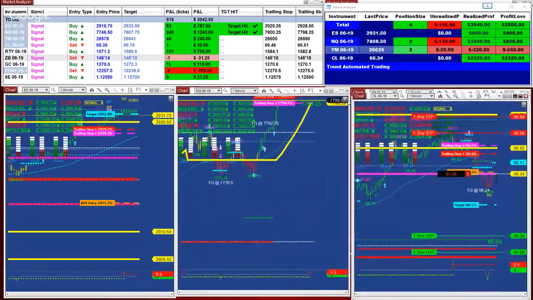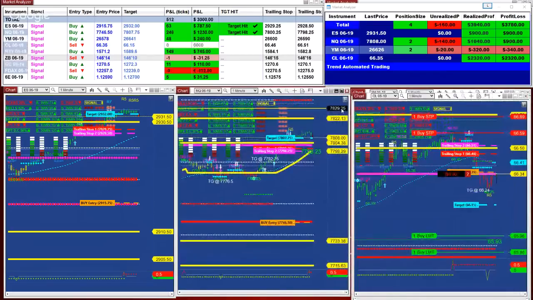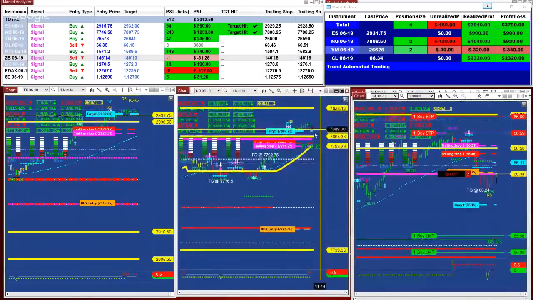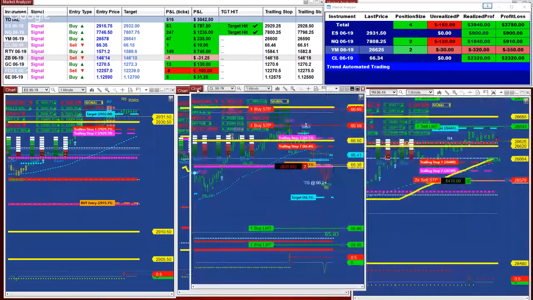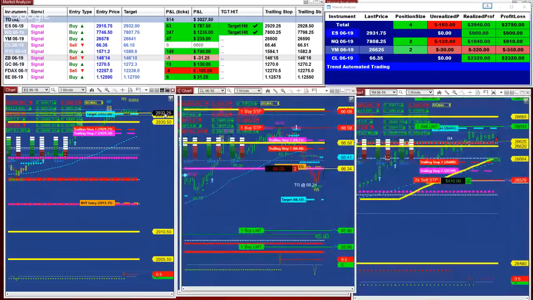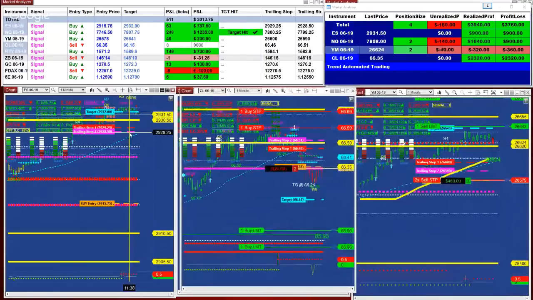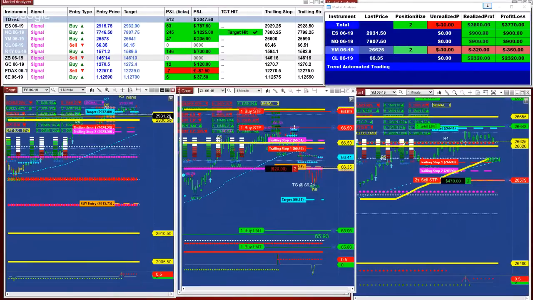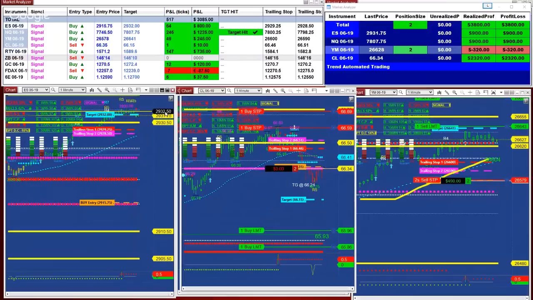The NASDAQ, where we are in the NASDAQ, we are about to come into the short, but there is no short trade right now. And the ES, 28.25 is a problem on the ES market.